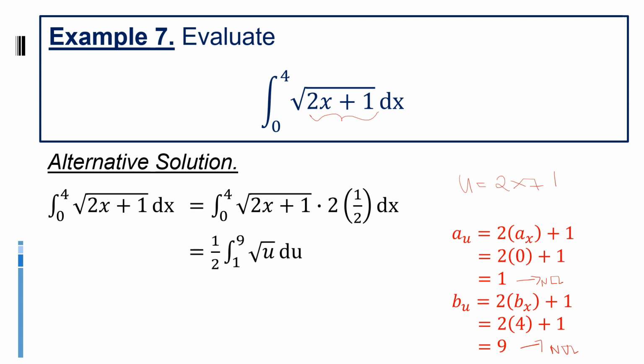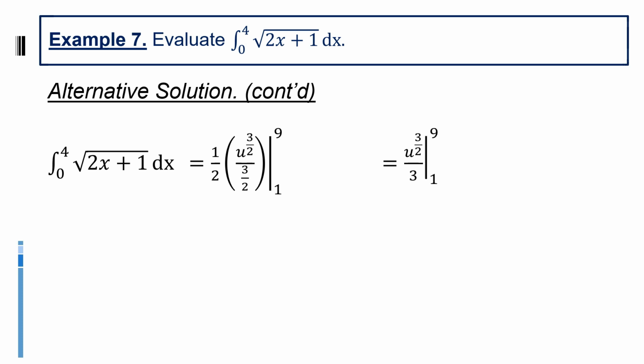So, ngayon, since alam na natin that this is now u and this is du, so that is now square root of u du, yung 1/2 nandito na siya, then yung upper and lower limit natin mag-change from 0 to 1 and then yung 4 naging 9. So that is now 1/2 times u raised to 3 halves over 3 halves evaluated now from 1 to 9.